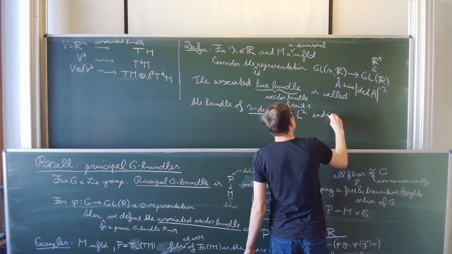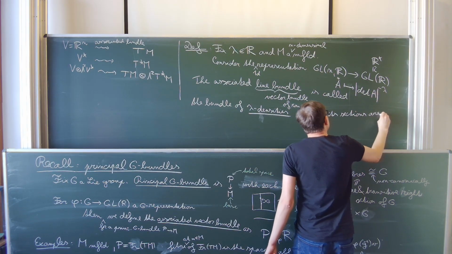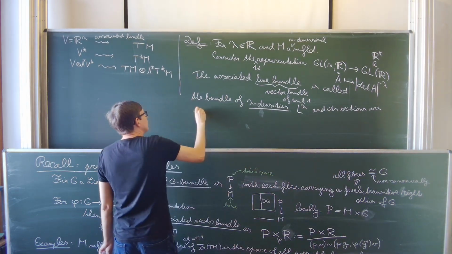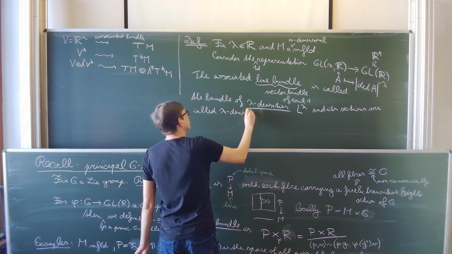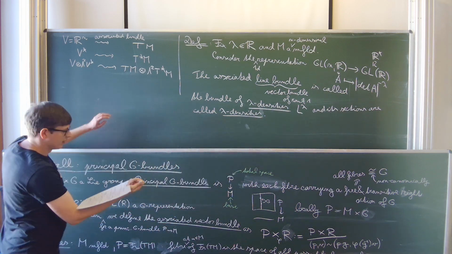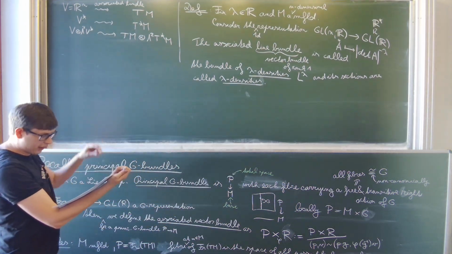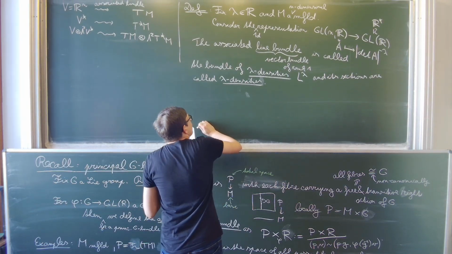And its sections are called, and here comes the surprise, lambda densities. Okay, and there are particular cases of special interest, in which case you usually don't use the word lambda.